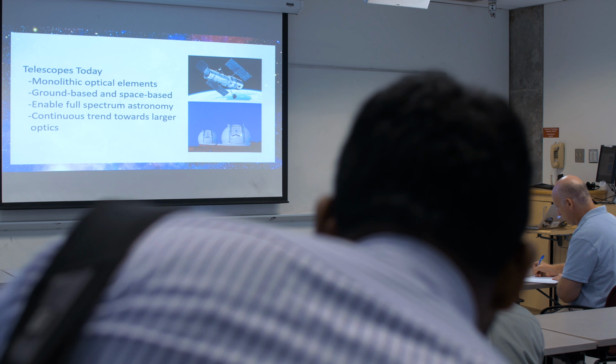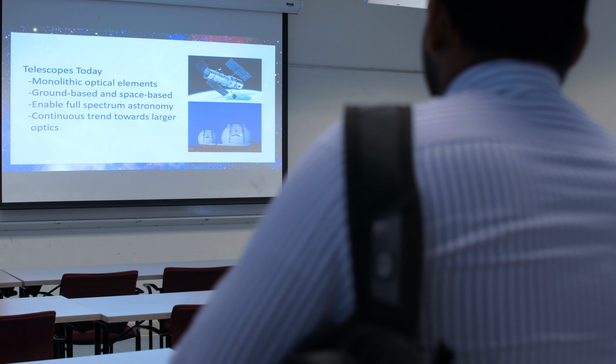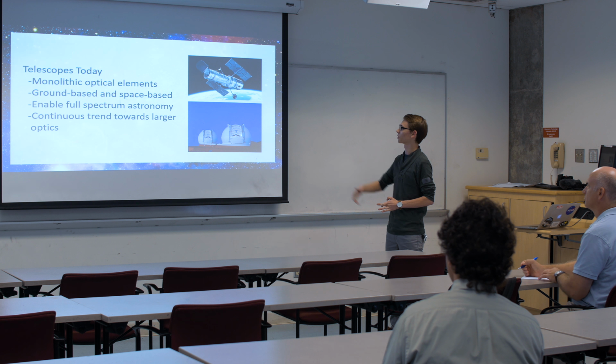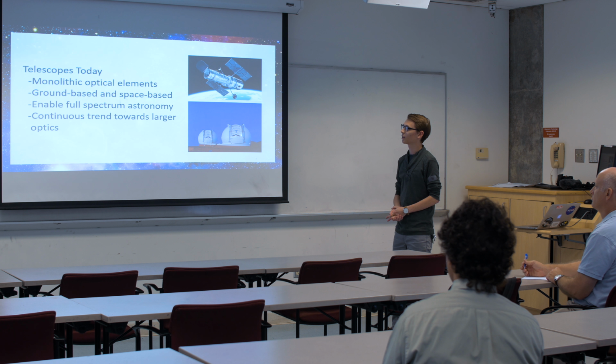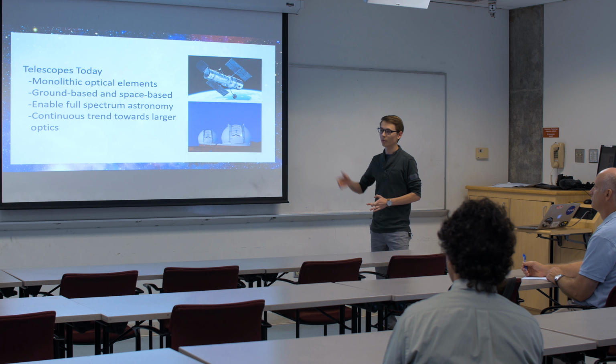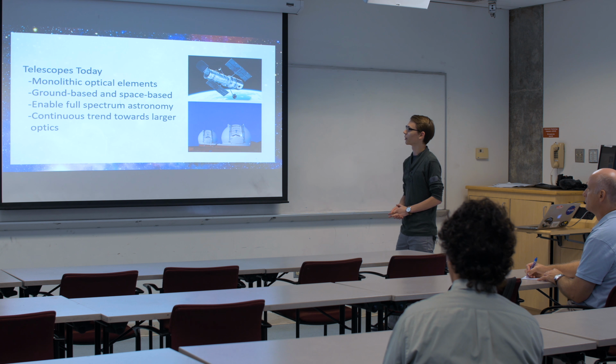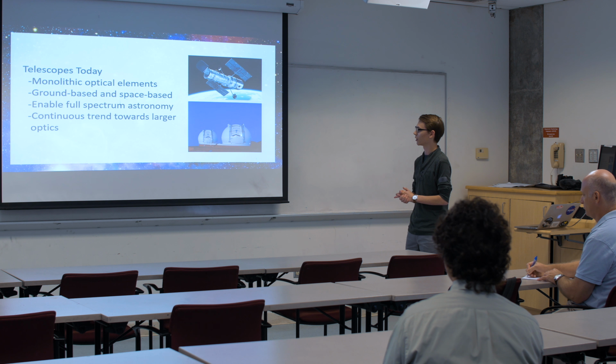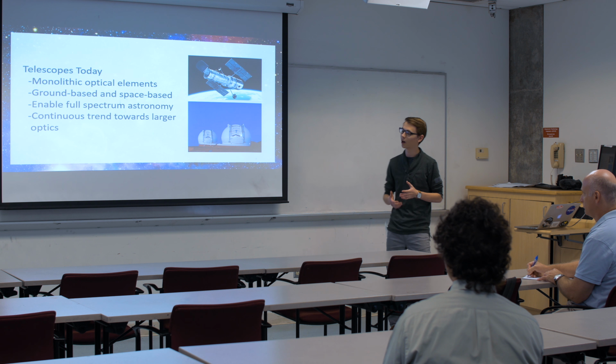Of course, since then we've come a very long way. Most of our modern telescopes utilize monolithic optical elements such as the Keck Observatory and the Hubble Space Telescope. Obviously, they are both ground and space-based, each offering their own advantages, and they enable full spectrum astronomy. And the trend currently is towards much larger monolithic optical elements.